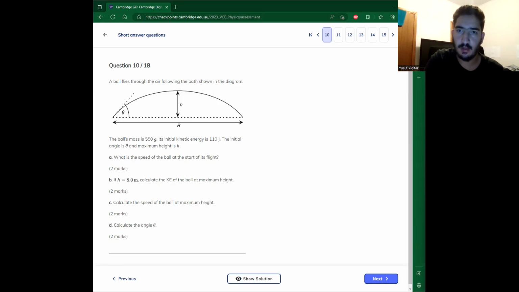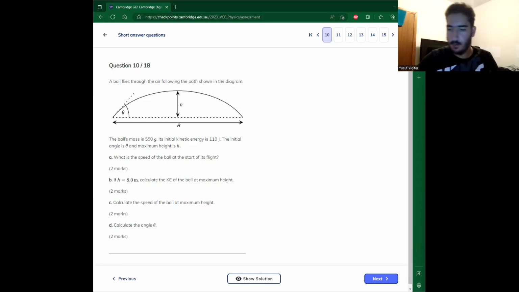So v equals the square root of 2 times energy divided by m. This m is included within the square root, of course.